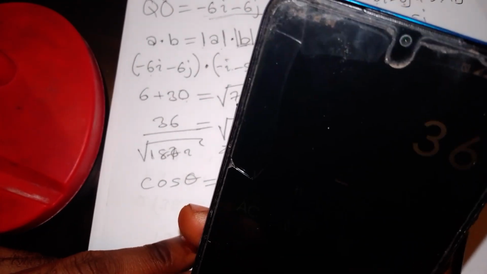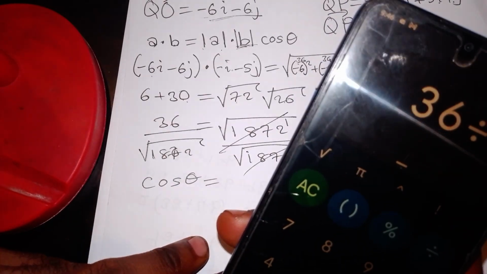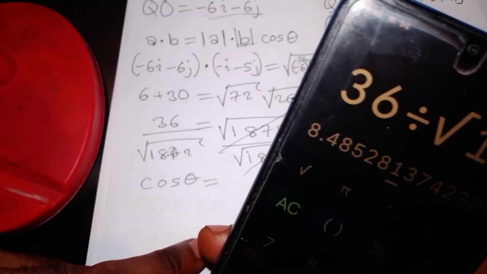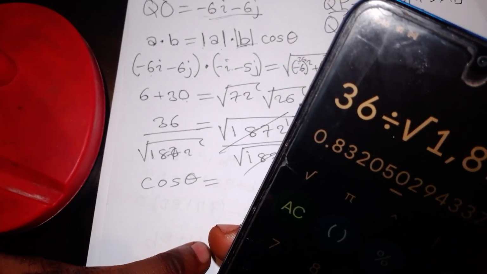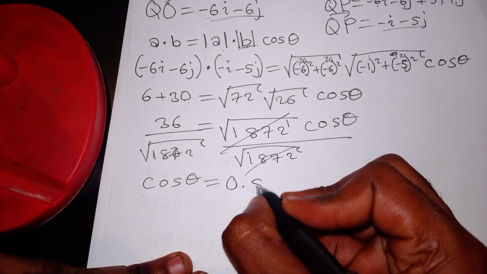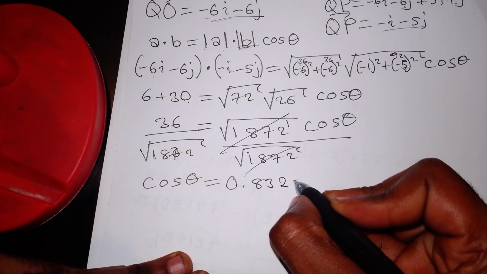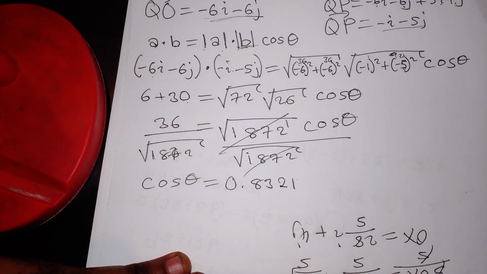So you can say 36 divided by the square root of 1872. So this is approximately 0.8321, correct to 4 decimal places.